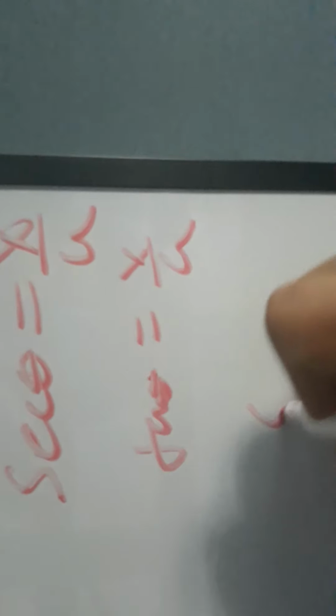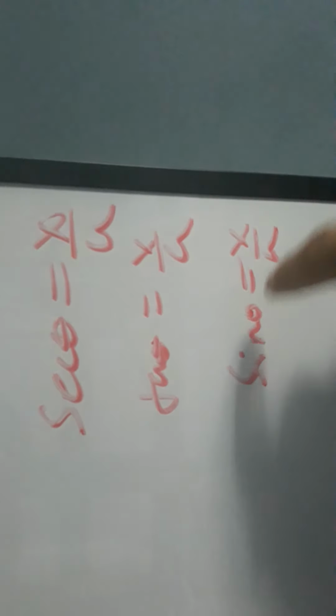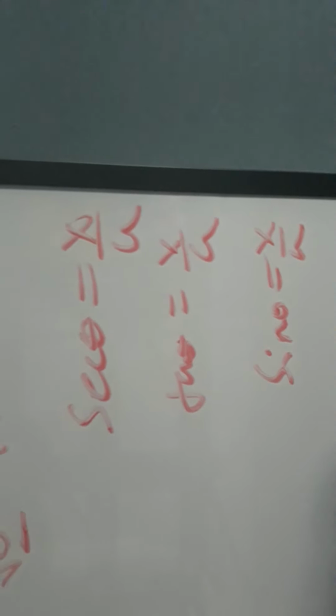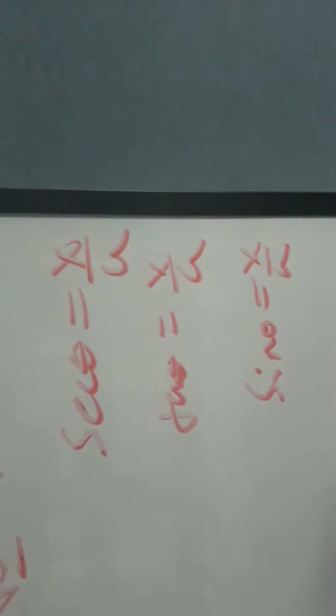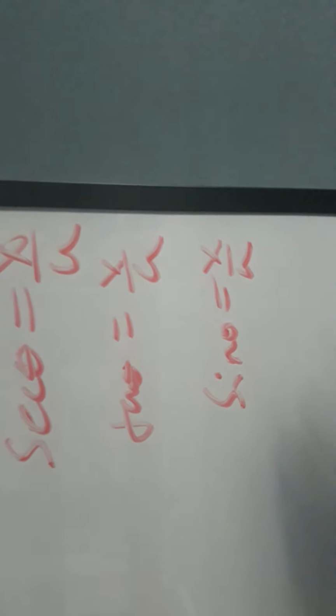The main basis as to when to choose specific ones, you're going to want to substitute any x over a, tangent x over a, sine x over a. The way you want to substitute it is that it fits in this format for every single one of your substitutions. It doesn't matter which one is going to be appropriate for when you solve your problem, but it must fit so that it's x over a always.